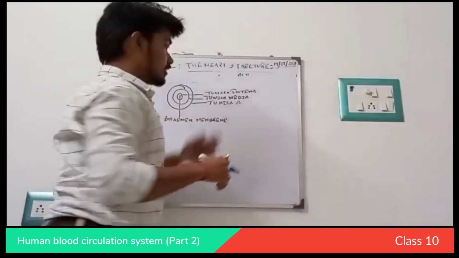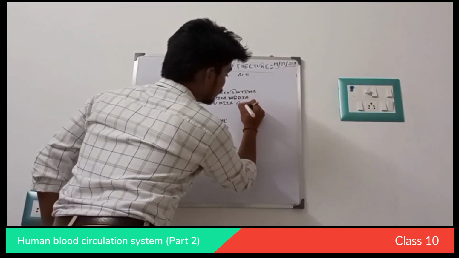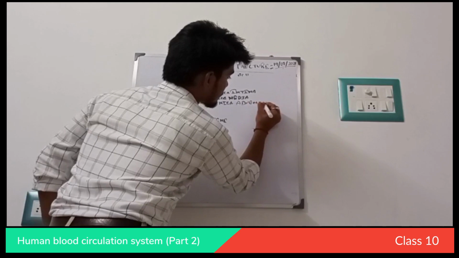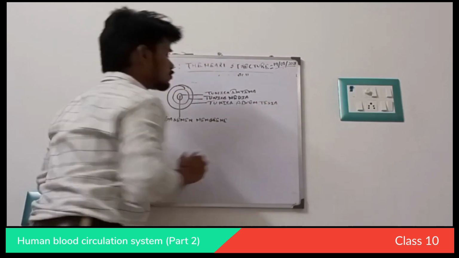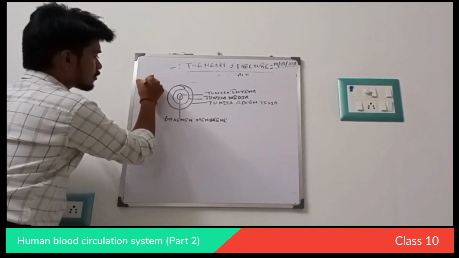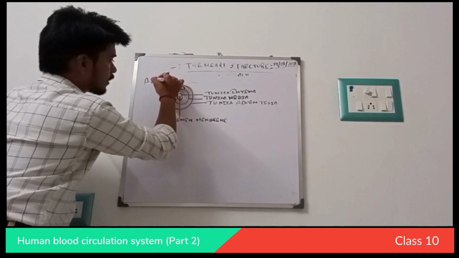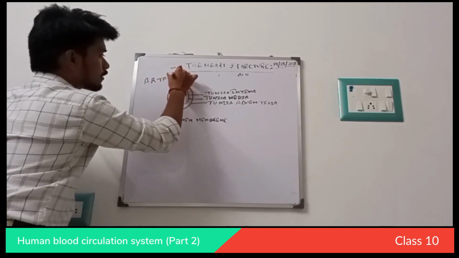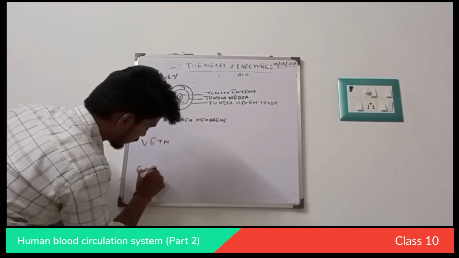Tunica exterior: the interior is the intima, the exterior is the adventitia. So in the lumen, we have arteries, as well as veins and capillaries.